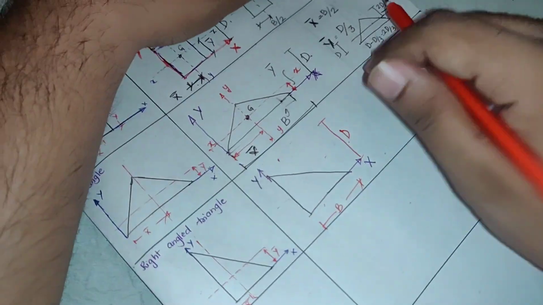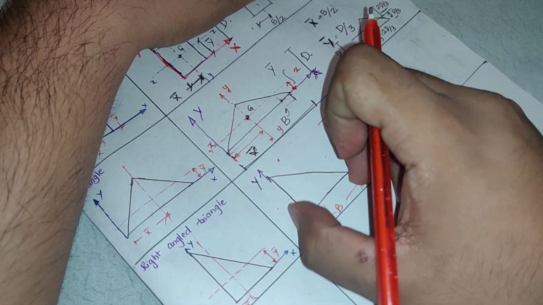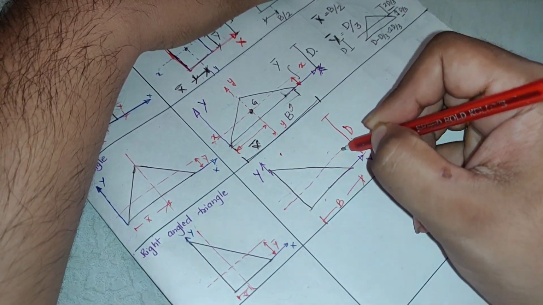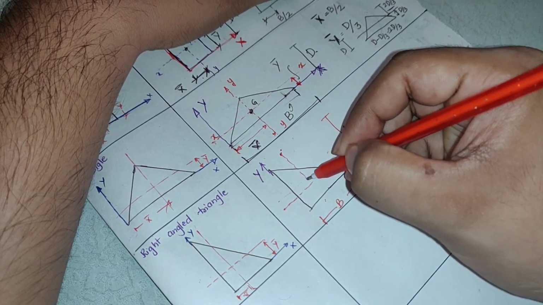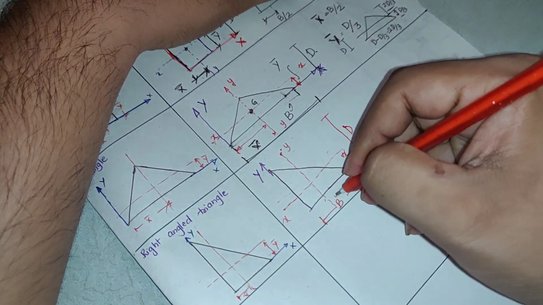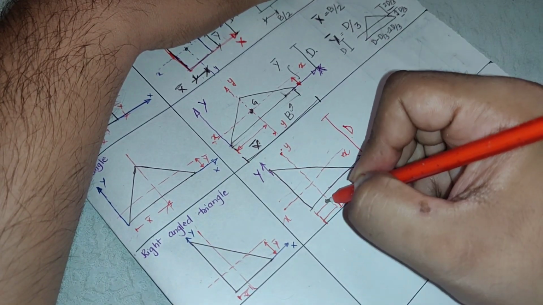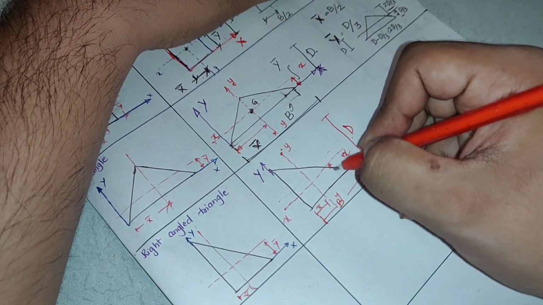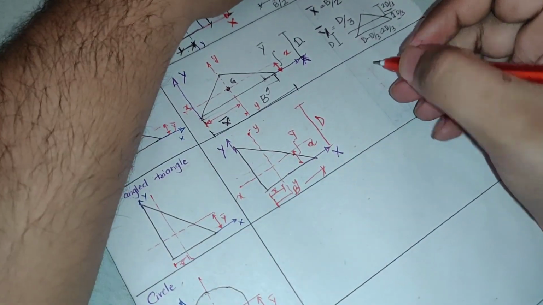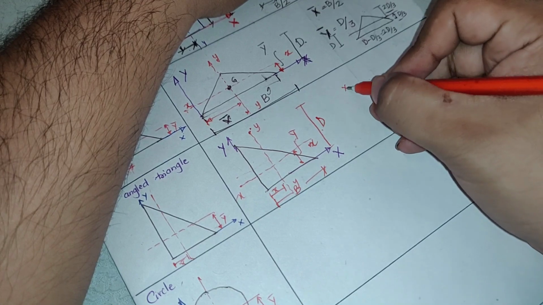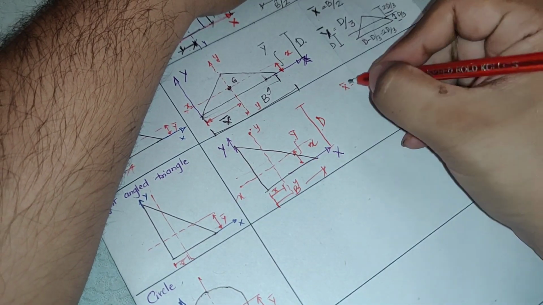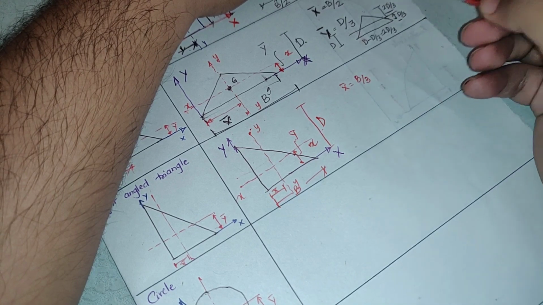No, it is not, because this is unsymmetrical about both the axes. This is x axis, this is y axis. Now if I need to locate x bar and y bar for this, this is not b by 2, so x bar with respect to the reference axis will be b by 3.